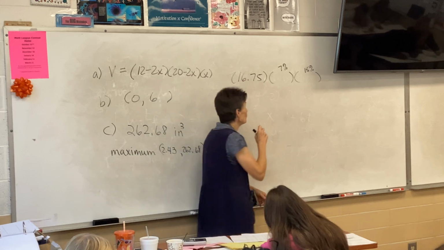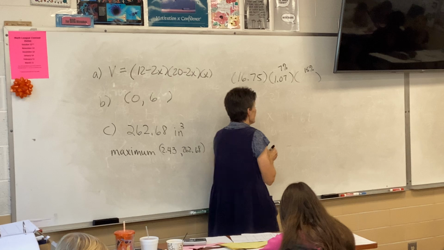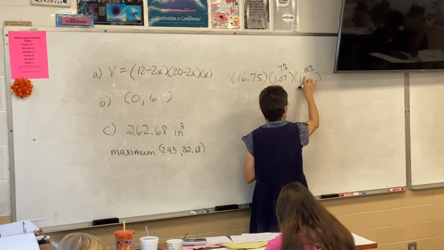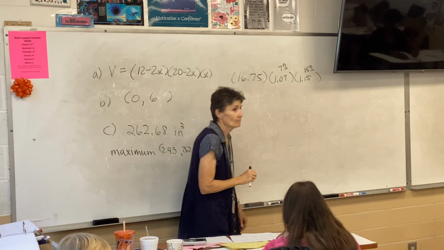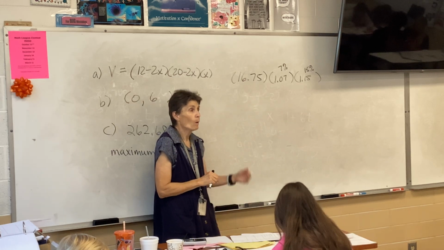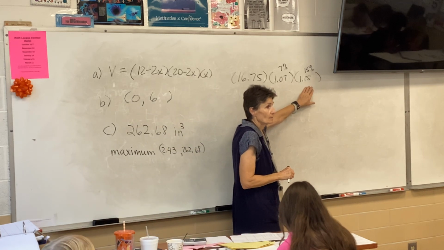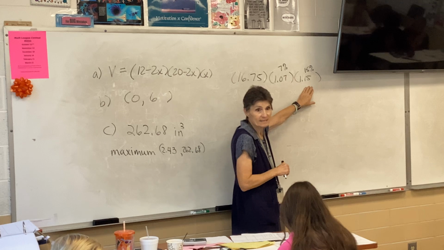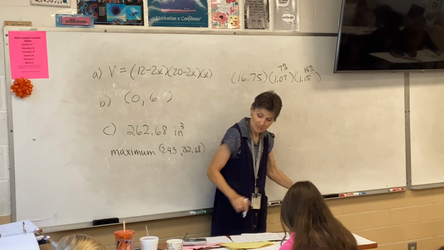So I'm going to do 1 plus 0.07 and 1 plus 0.15. When would I do 0.85? If it's a discount, if it's on sale, or I have a coupon or something, right? These are both add-ons.